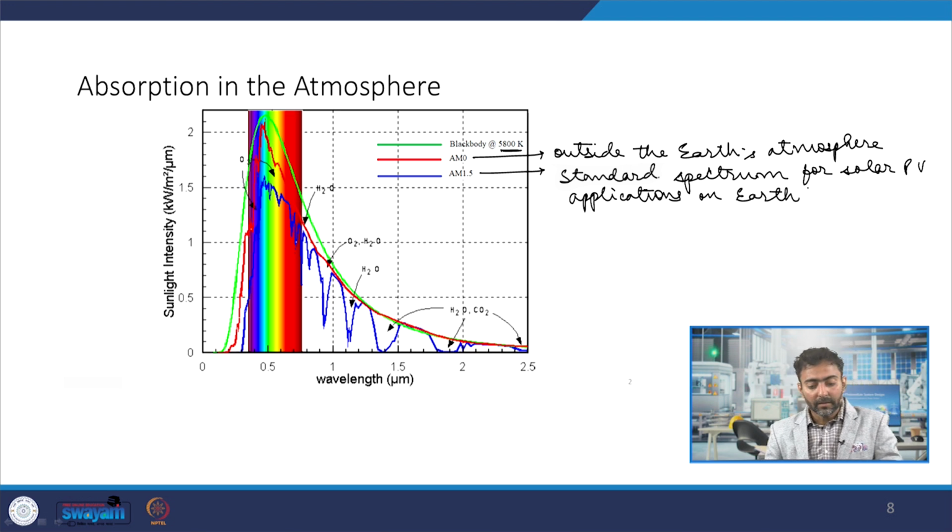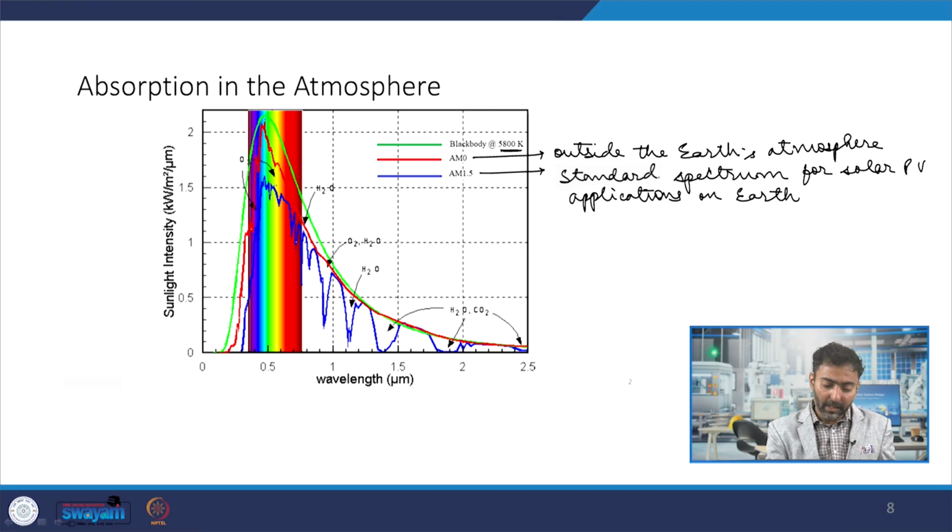And what you see here is that for the red curve outside the Earth's atmosphere, the intensity is higher, whereas for the blue curve there is a significant reduction. The major reduction is happening in the ultraviolet region. That is where the ozone is, eating up almost the entire ultraviolet radiation.